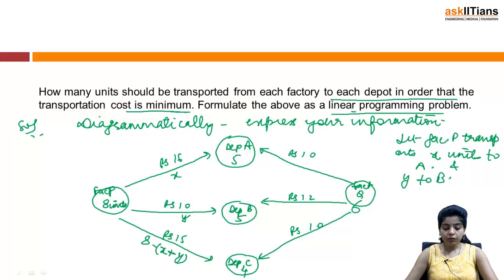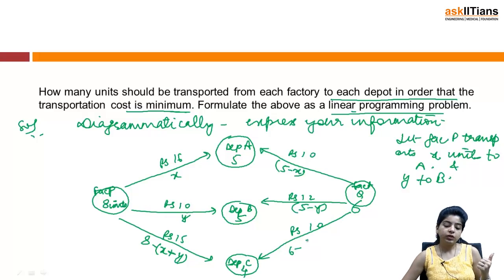Now in case of Q, the requirement of depot A is 5 units and it has already obtained X units from factory P. So the remaining units would be transported from the factory Q. That just means it will be getting 5 minus X from factory Q. Similarly, in case of depot B, it will be 5 minus Y. Now the capacity of factory Q is 6 units.